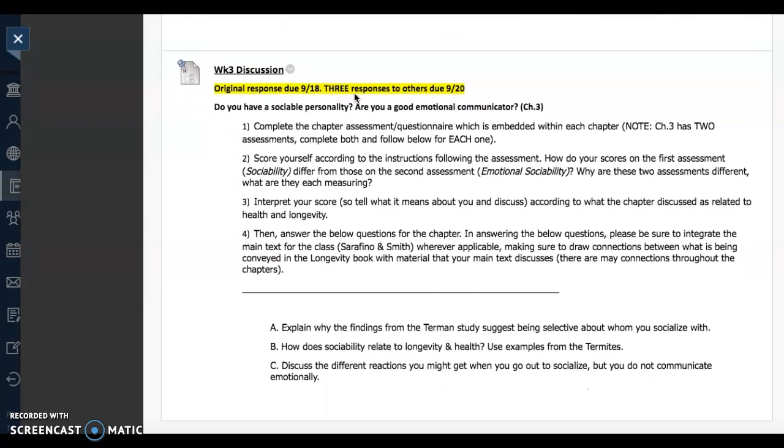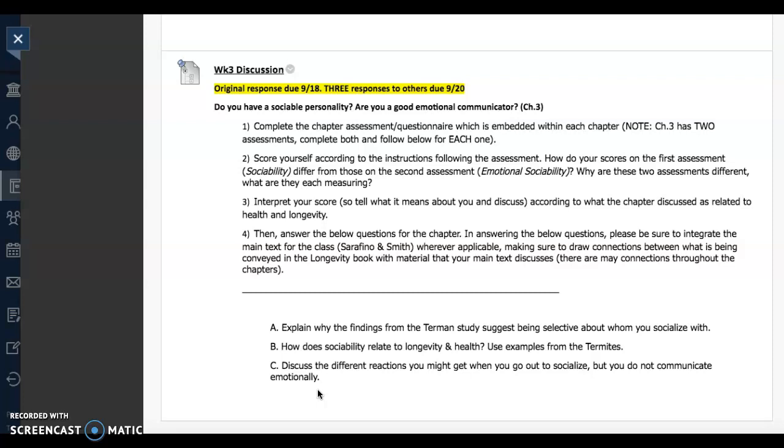The discussion for the week is where we zone in and focus on the longevity book. You're going to notice that most of the discussions center around the longevity book, but there are many opportunities for you to embed concepts you're reading from the main text, the Serafino and Smith text. Although the questions have to do with things in the longevity book, you're going to see a lot of ways to cross-reference what you're also reading in the main chapters.